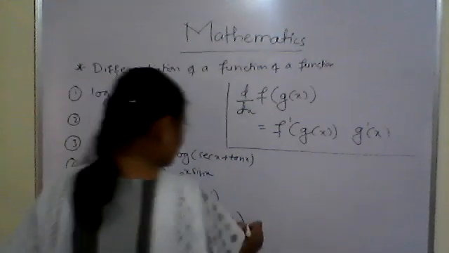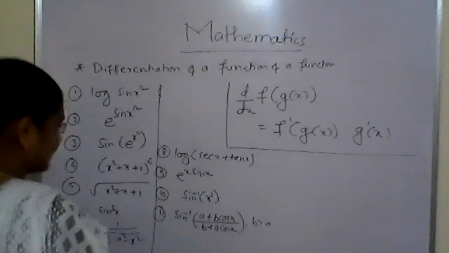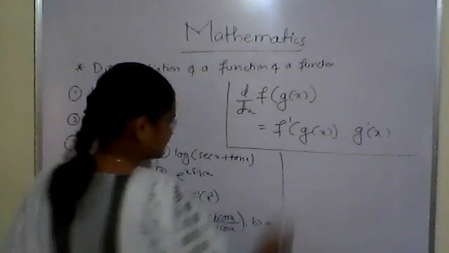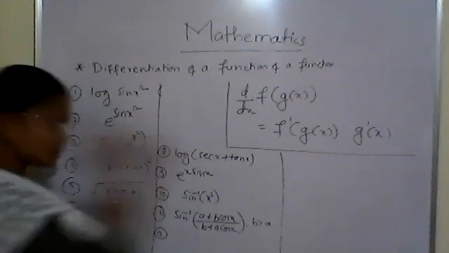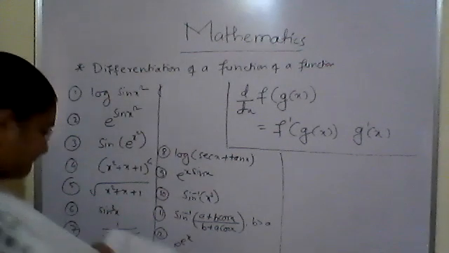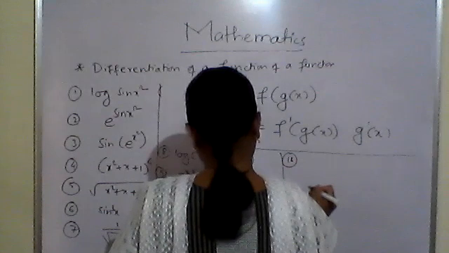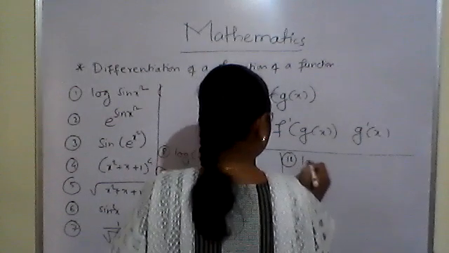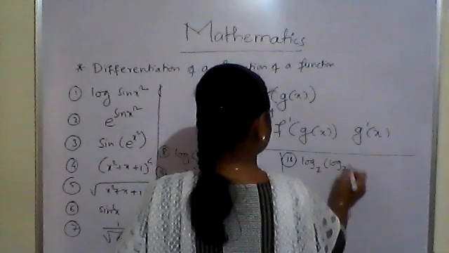Here, B is strictly greater than A. Then 12th, e raised to x, e raised to x. Then 13, log to the base 7, log to the base 7 of x.